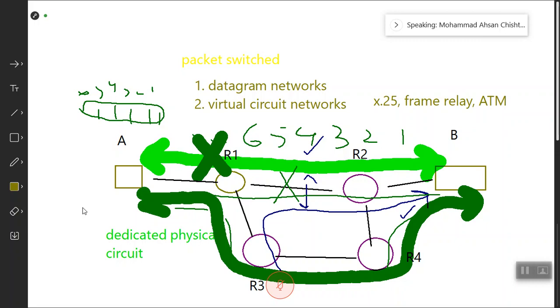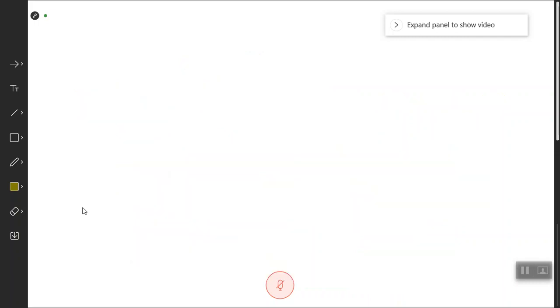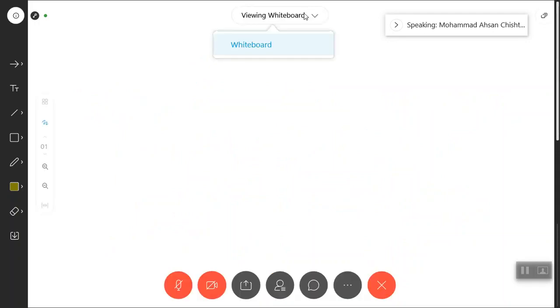Now, what are the things that we require within a virtual circuit? Let me clear this up. Now, a virtual circuit, I'll write in short VC, consists of, number first, a path.